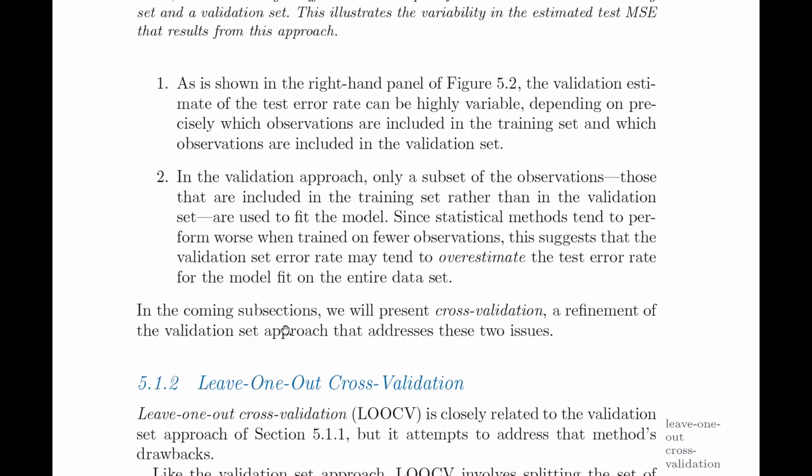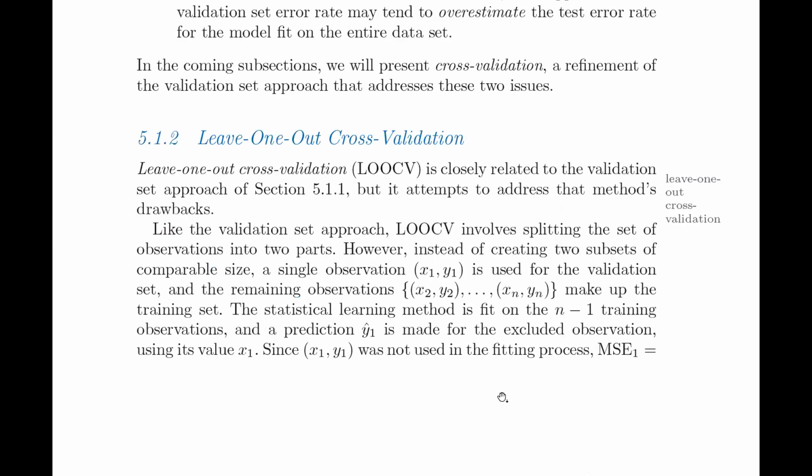In the coming subsections, we will present cross-validation, which is a refinement of the validation set approach that addresses these two issues. And maybe there are different types of cross-validation. The first one would appear to be leave one out cross-validation.